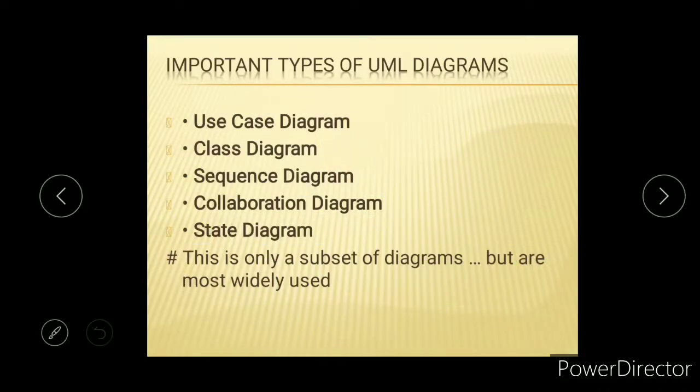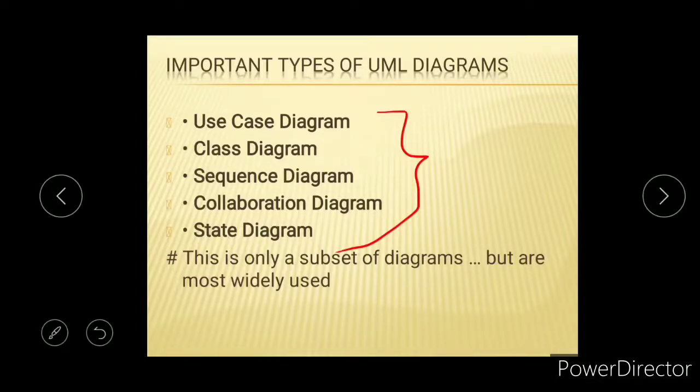Okay, now as we can see in this slide that there are five diagrams like use case diagram, class diagram, sequence diagram, collaboration diagram and state diagrams. Actually these are the most important diagrams used as per our graduation syllabus or post graduation syllabus in the universities of this country.